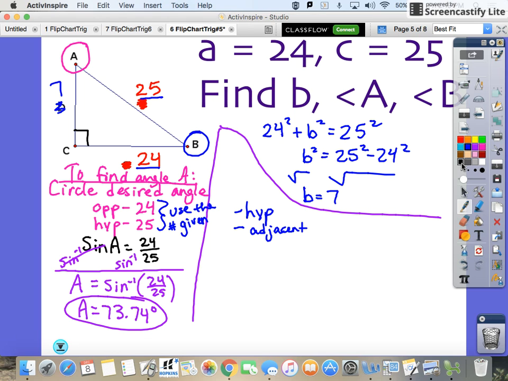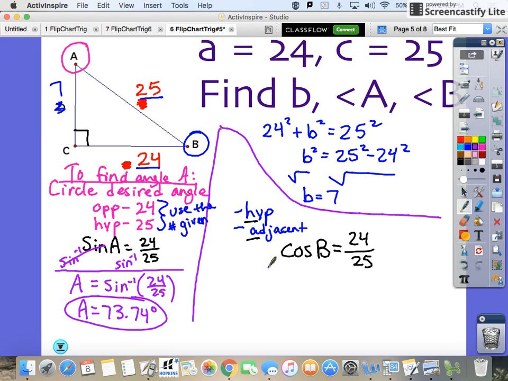So adjacent and hypotenuse is cosine. So we're going to say that the cosine of B is equal to the adjacent over the hypotenuse. This is where students get kind of messed up, because we're switching from angle A to angle B. So we're naming them differently, and that's where students struggle.